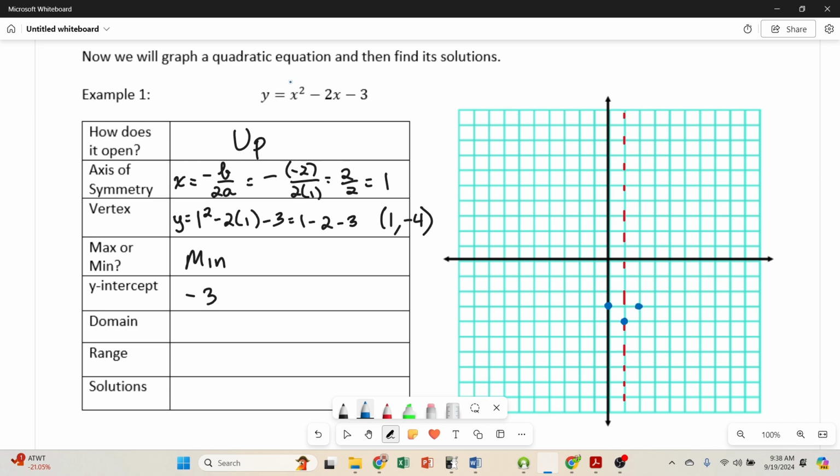This is a quadratic, so it has that same pattern that we go over 1 up 1. That's how we would do this. Over 2 up 4. So I'm going to have an x-intercept right here, and I'm going to have another one mirrored right here. And if I go over by 3, there's up 4, and then 1, 2, 3, 4, and then here's number 5. That's going to go up by 9.